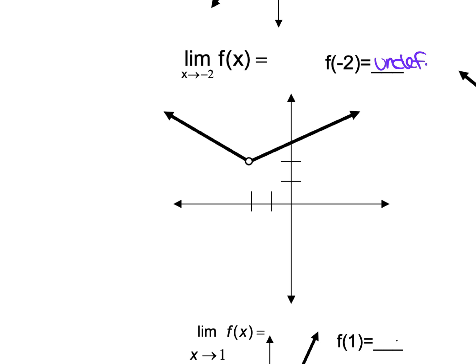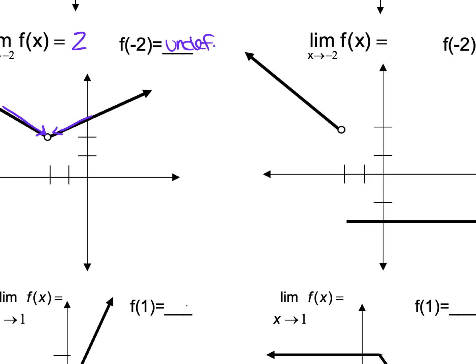However, even though I don't have an x or a y value directly at -2, if you traced your graph coming in towards that value, could you say that it is approaching one number? Yeah, you would tell me if I traced this piece of the graph and this piece of the graph at the same time, these are both getting closer and closer and closer to what y value? 2. That's your limit. Okay?